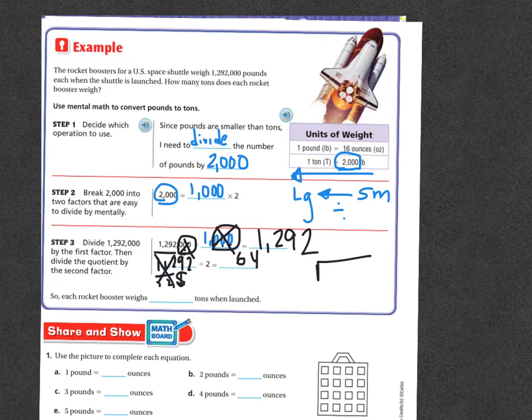And so now we have 8. Subtract 1 and bring it down. 2 can go into 12 6 times. So there we have it, 646. So each rocket booster weighs 646 tons when launched.